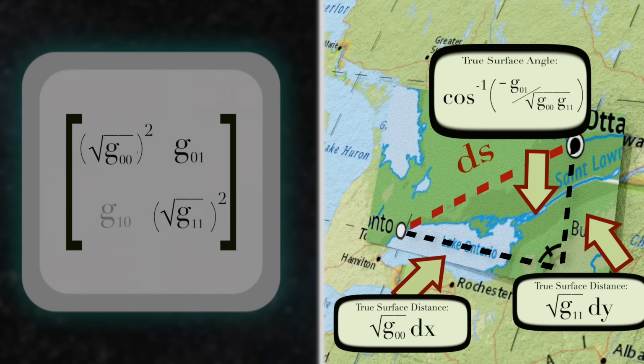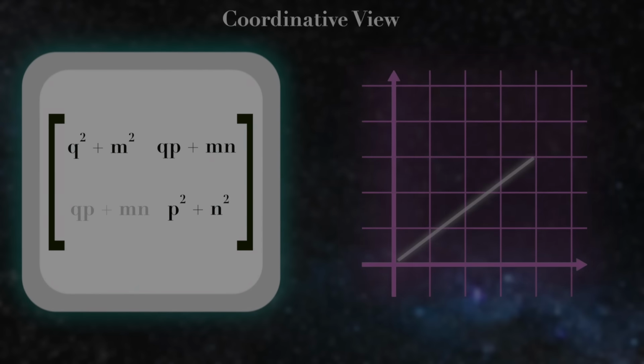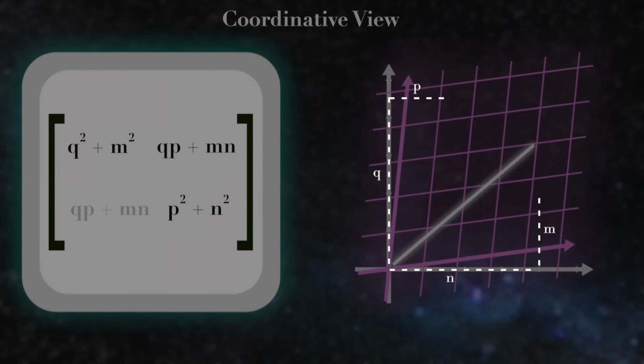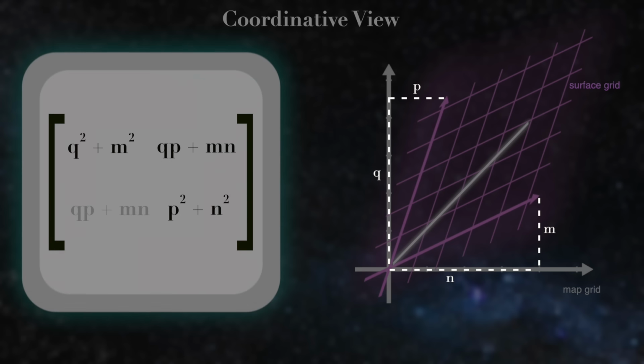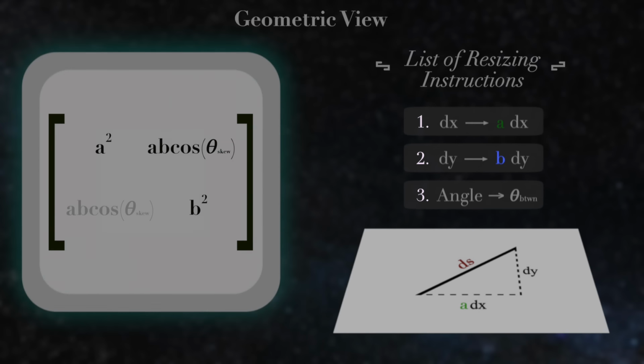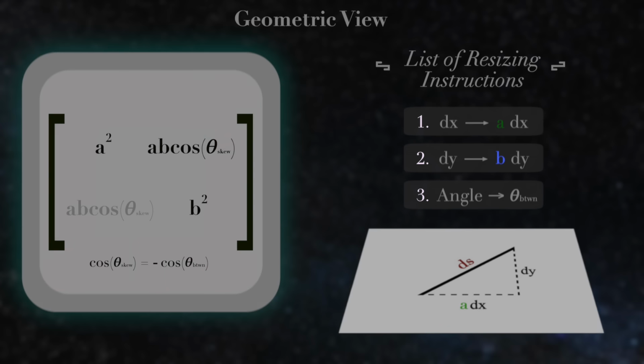We can therefore view the metric tensor in two distinct but equivalent ways. 1. As encoding a description of distance relative to a stretched and/or skewed grid. And 2. As a list of instructions for resizing an infinitesimal piece of a map in order to fit it to a surface.